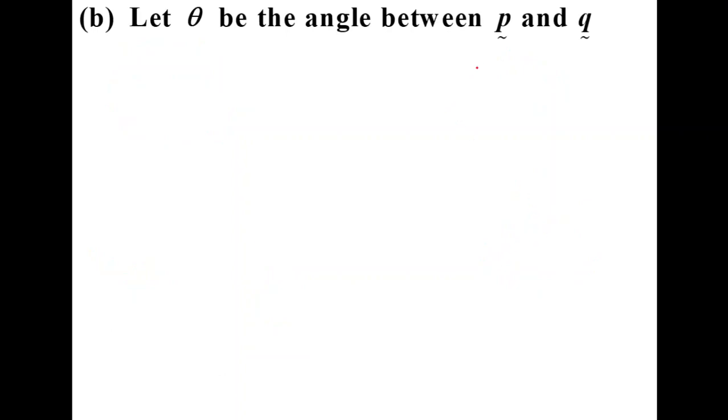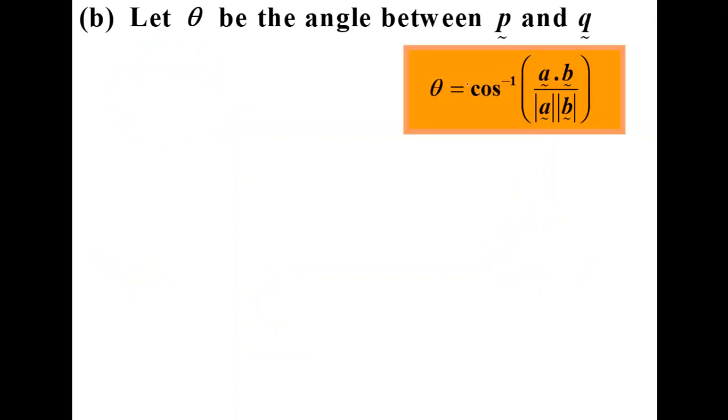Let theta be the angle between vector P and vector Q. We use this formula: A dot B equals modulus A, modulus B cos theta. Find P dot Q. Remember how to find P dot Q: use the matrix form, and the result is 9.